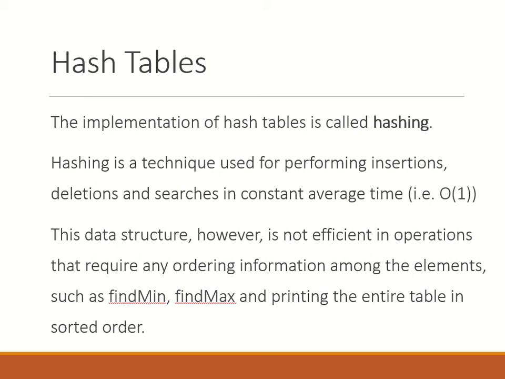But the promising advantage of hashing is that it has a time complexity of big O of 1, giving a guarantee that even if you are going to search inside a very huge database, you can be assured that your result, whether it is there or not, will be available in constant time.